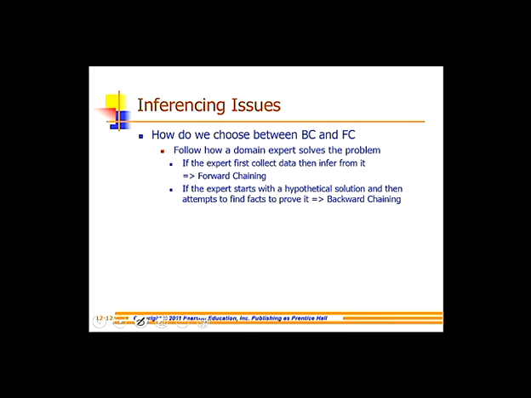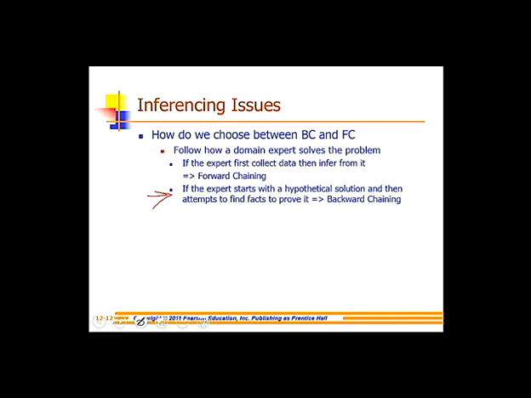On the other hand, some experts start with some hypothetical solution. They start with certain assumption and then they try to prove it to be right or wrong. In those type of problems, backward chaining is the more appropriate algorithm. For example, medical doctors. If you go to a medical doctor, you have certain symptoms. Let's say you have high fever, you have high blood pressure, and so on and so forth.